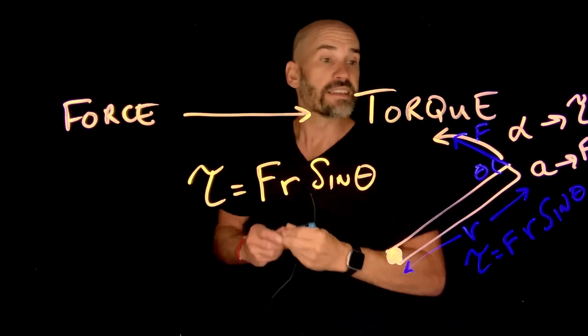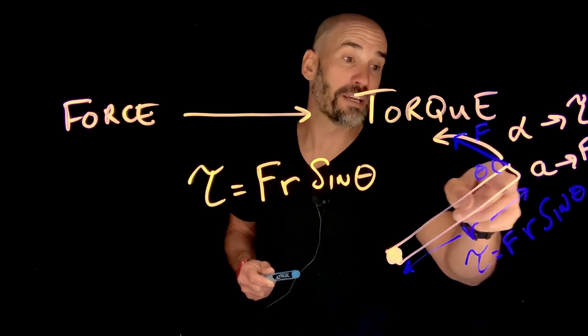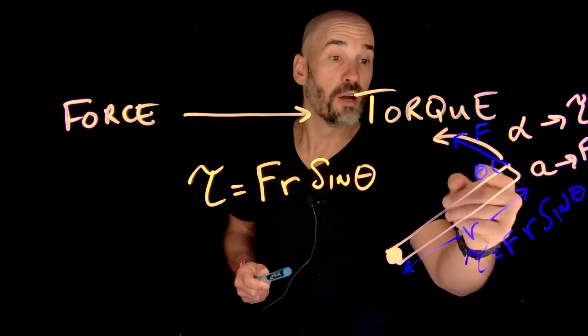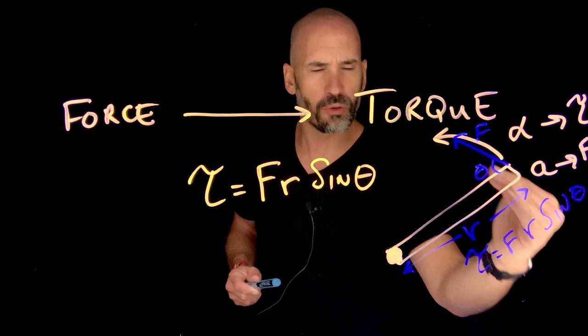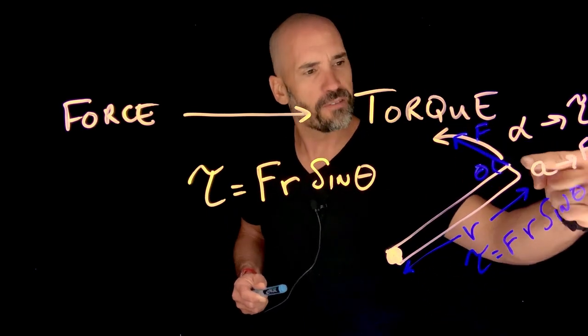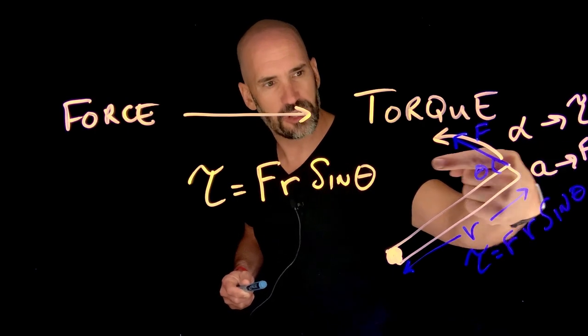Because here's the thing, sine of theta is biggest when theta is 90, right? Which makes sense because if I'm pushing this at a 90-degree angle, I'm getting the most bang for my buck, right?